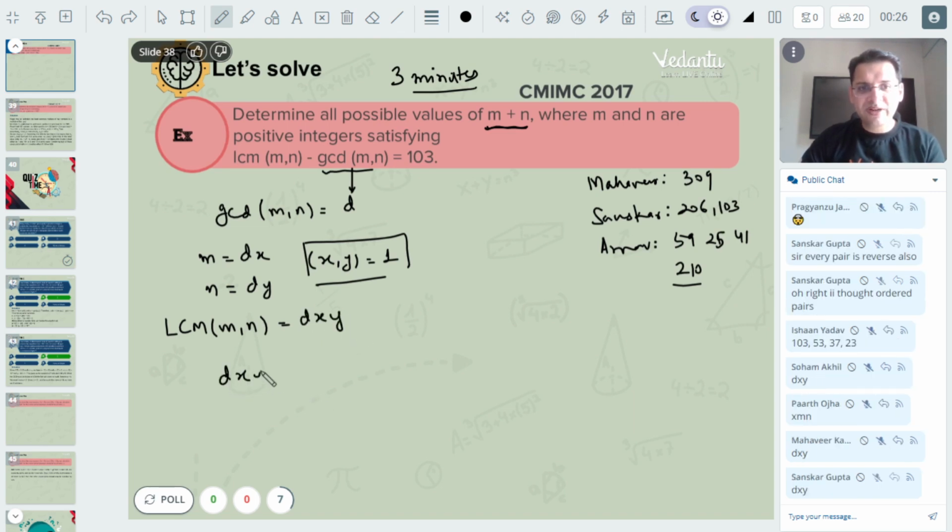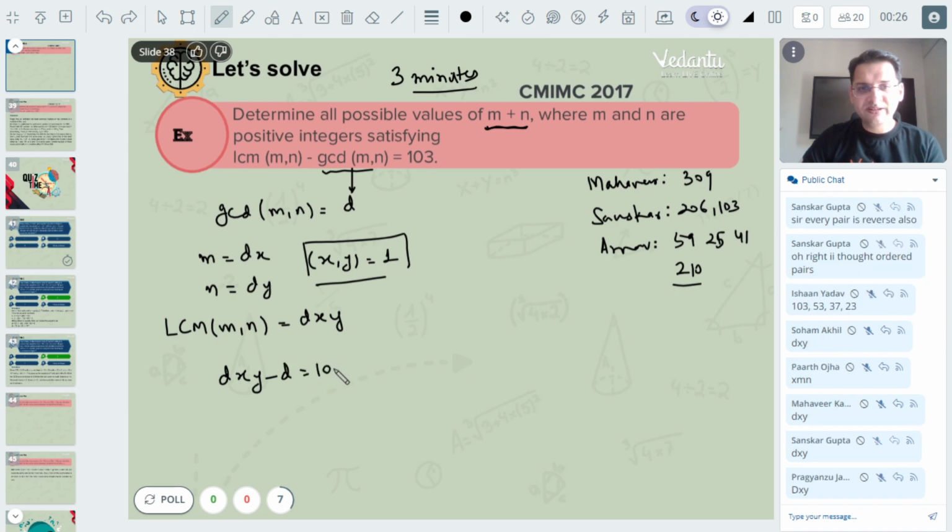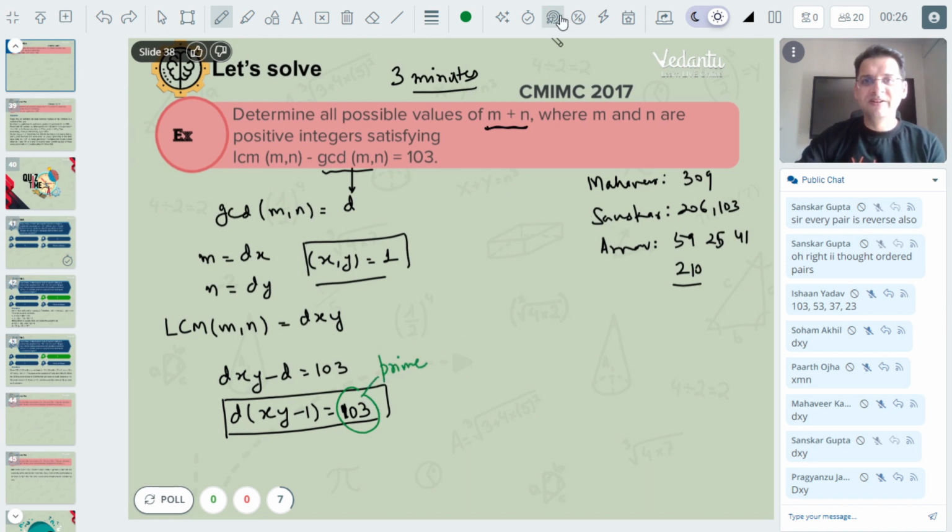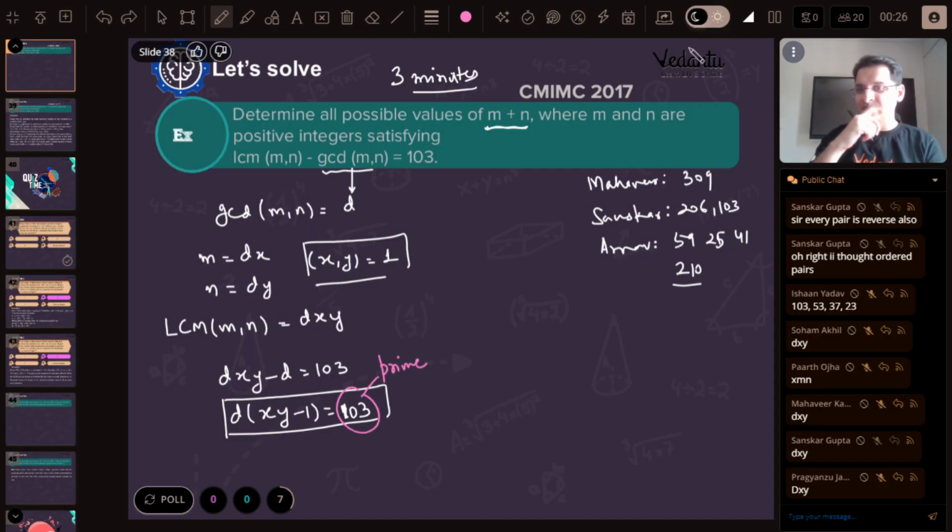So dxy minus d is 103, or d can be taken out common: d times xy minus 1 is 103. And the good part is 103 is a prime number.